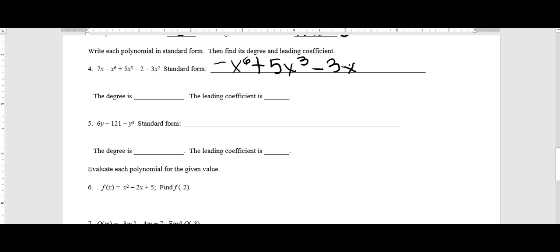So in standard form, this polynomial is negative x to the 6 plus 5x cubed minus 3x squared plus 7x minus 2.